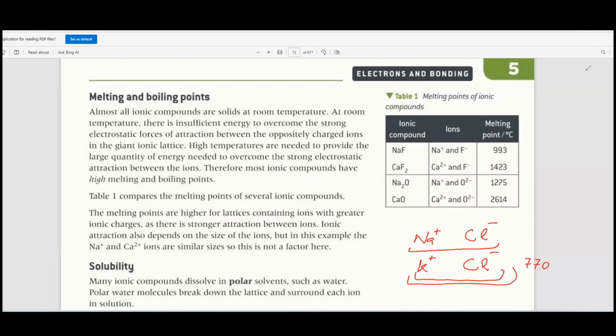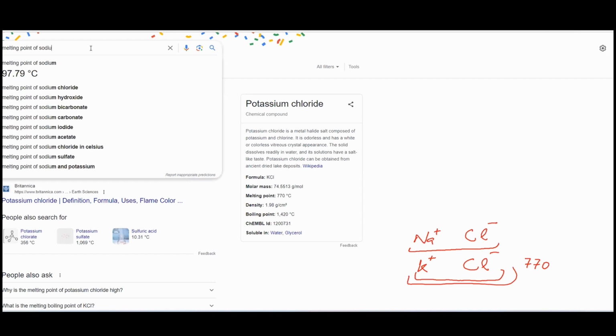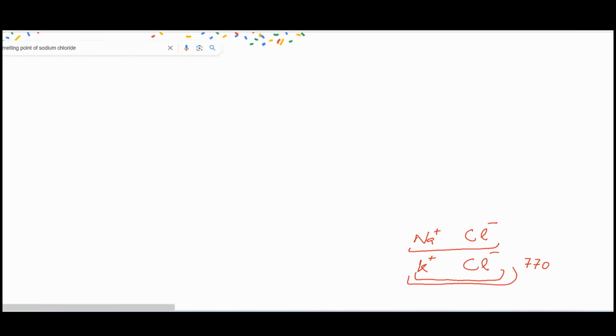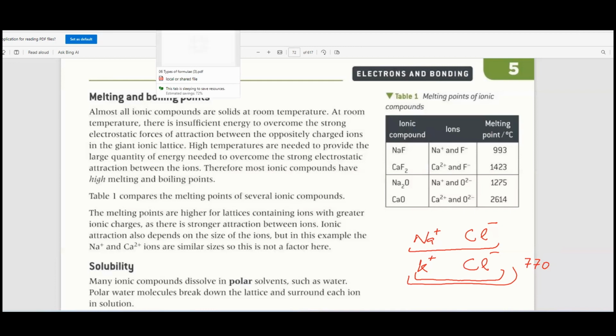And what is the melting point of sodium chloride? It's 801. So sodium chloride is higher. Oh, I was wrong. So potassium is below sodium.